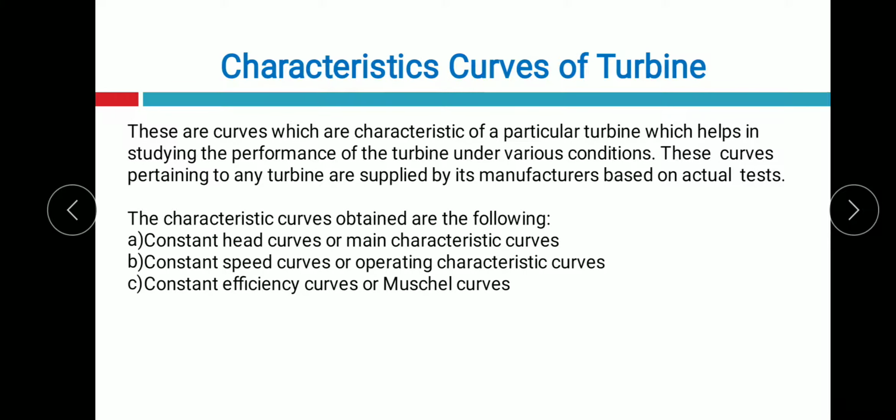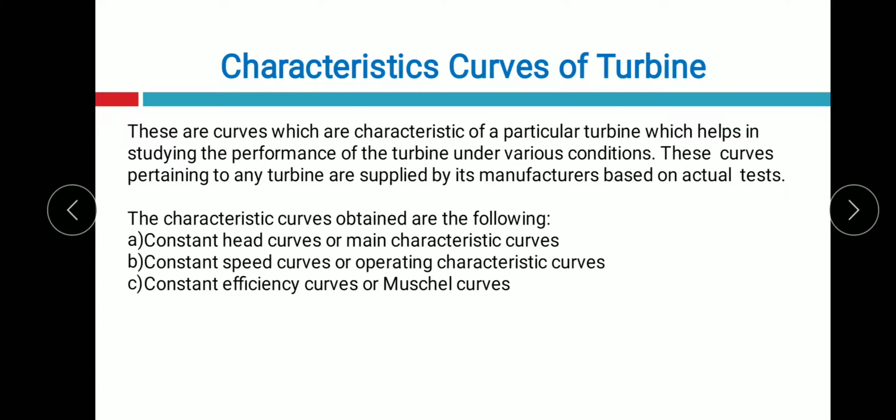Coming to the characteristic curves of the turbine. Characteristic curves of the turbine are curves that represent the performance, meaning how it varies with different conditions. These are the curves which are characteristic of a particular turbine, which help in studying the performance of the turbine under various conditions.